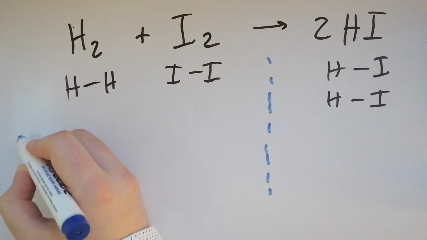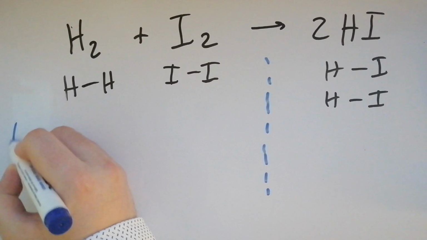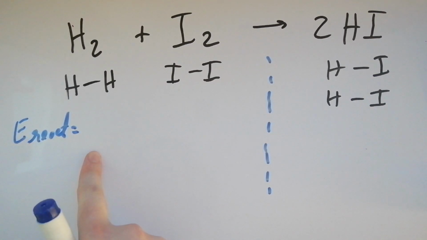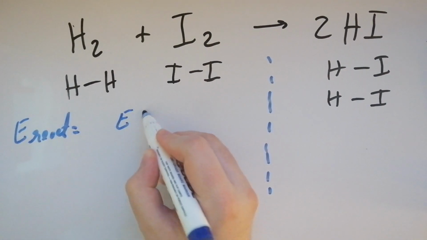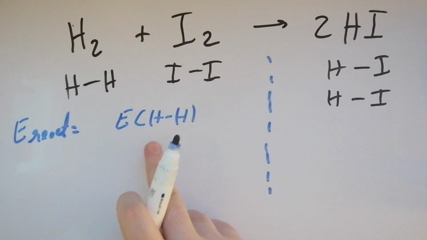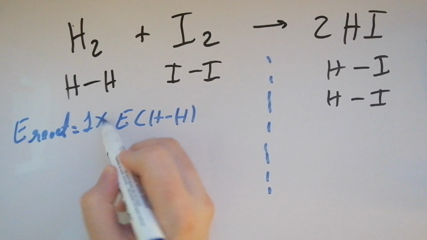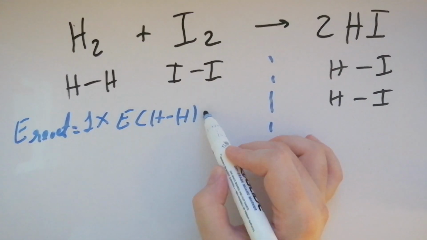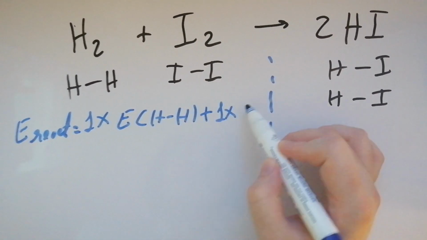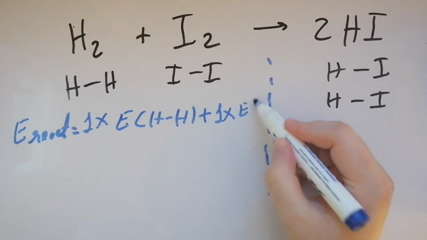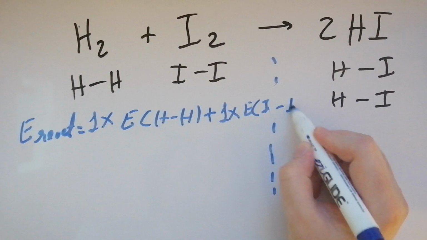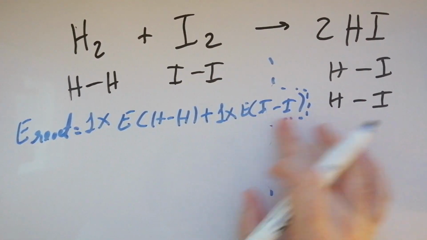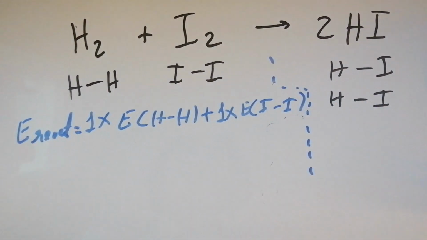So the energy of the reactants is the energy of H bonding with H, and because we have only one bond, we have times 1, plus 1 times the energy of I with I. I have more space, right?